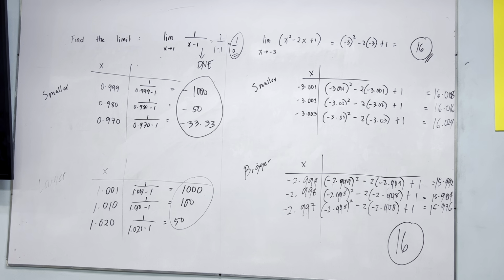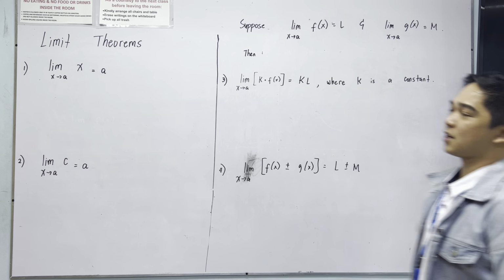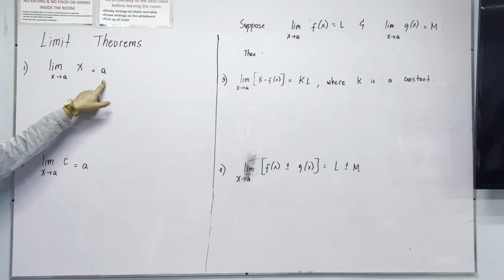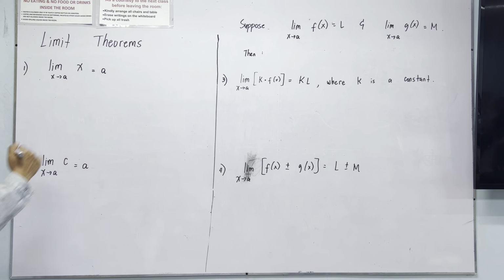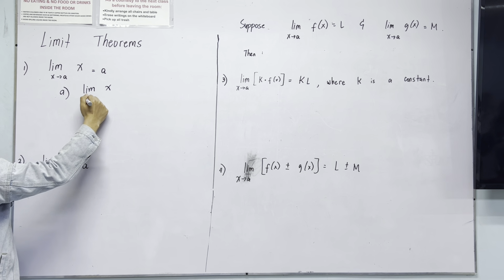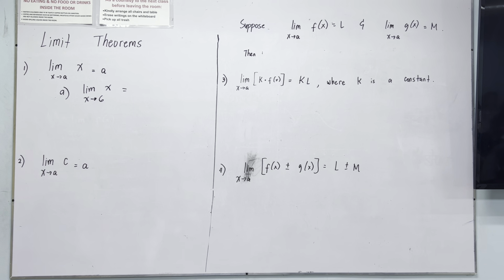Okay, that's the overview of our next topic, the theorems on limit. Now let's move on with limit theorems. We have the first theorem, limit of x as x approaches a is equal to a. Alternative example, limit of a as x approaches 6, what will be the limit? 6.